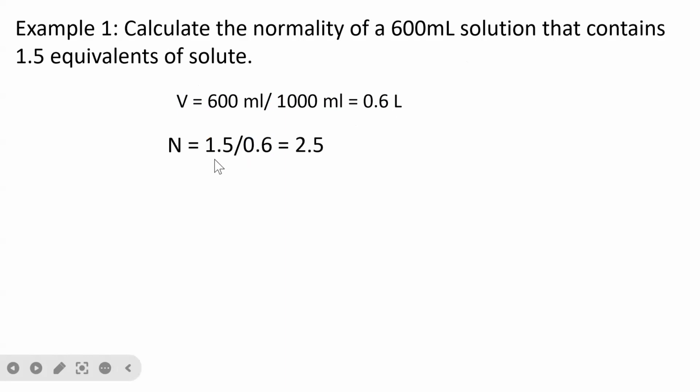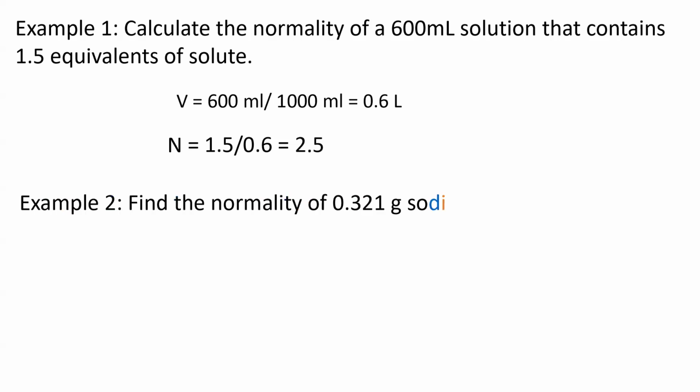Therefore our normality is 1.5 divided by 0.6, and that will give us 2.5 equivalents per liter, or 2.5 normal. So this is how to calculate normality with this simple example.